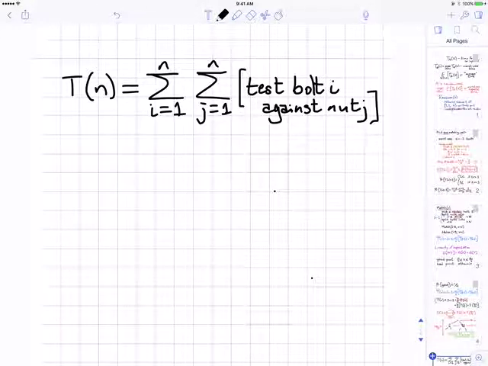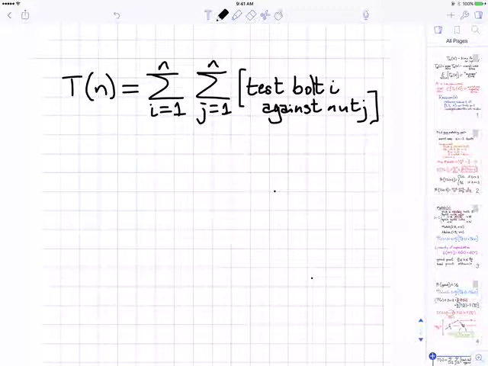Okay. Now notice that you're never going to test a nut against a bolt more than once. First, in fact, the algorithm as I wrote it never does. But at a more philosophical level, once you've done the test, you already know the answer. You could just memorize it. And then instead of actually doing the test, you say, oh, did I already do that? Okay, good.